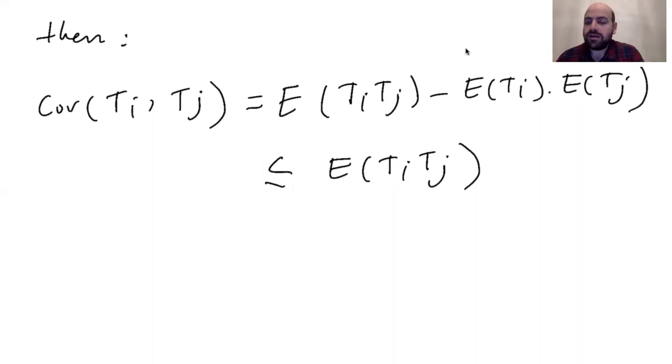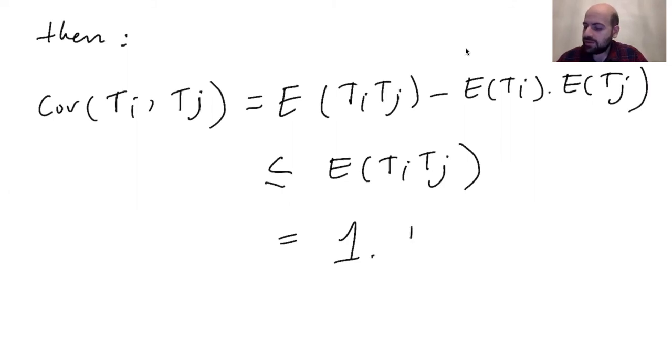Well, each Ti and Tj are either 0 or 1. So when I calculate expected value, I have a bunch of 0 terms which have no contribution to expected value. The only term that contributes is if both of them are 1, then Ti times Tj will also be 1. Otherwise, if one of them is 0, it's going to be 0 times something, which has no contribution.